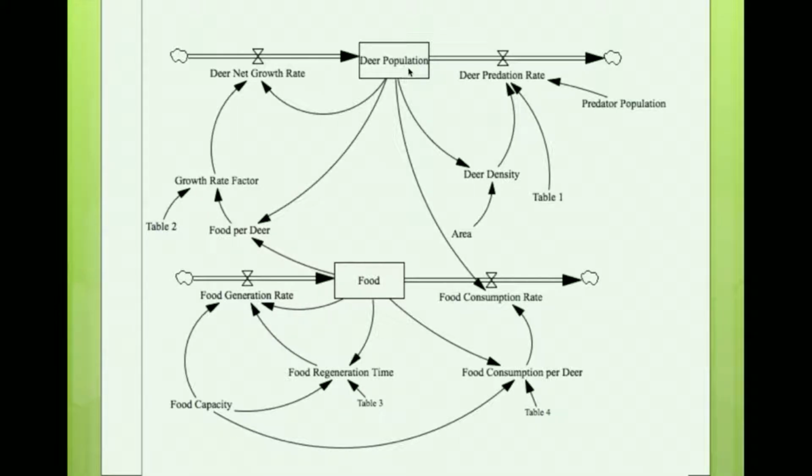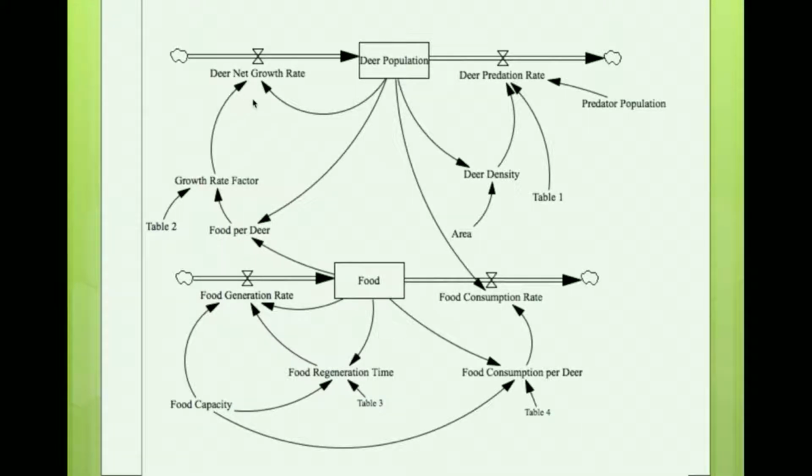The deer population is driven by a growth rate on the plus side and the predation rate on the negative side. On the plus side, deer reproduce themselves, so there's a growth rate factor that is driven by food, and I'm going to get back to that in a second.